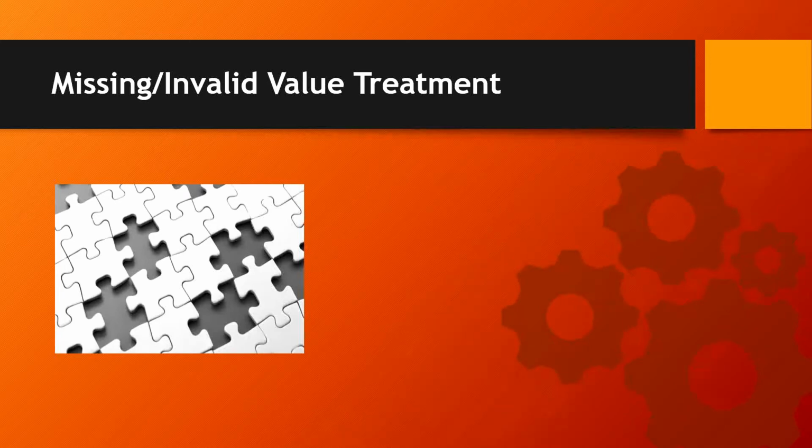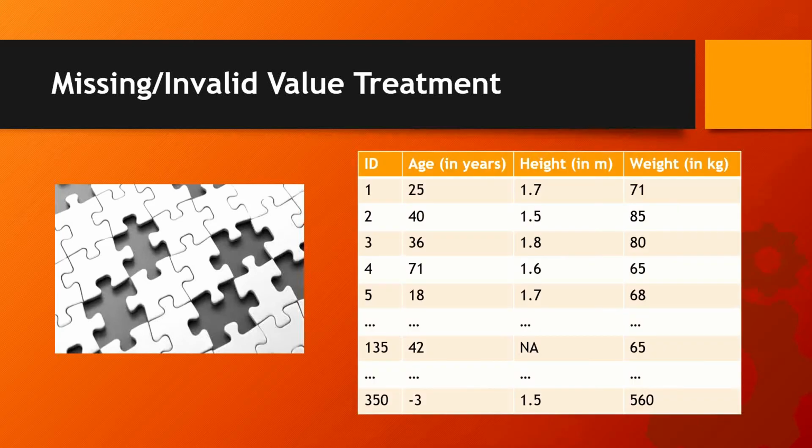If it is missing, then we need to apply some treatment so that it does not give us any errors while we are trying to analyze it later. And invalid values mean some extreme values which, according to your business sense, seem impossible in the data set. Let us see what they are.